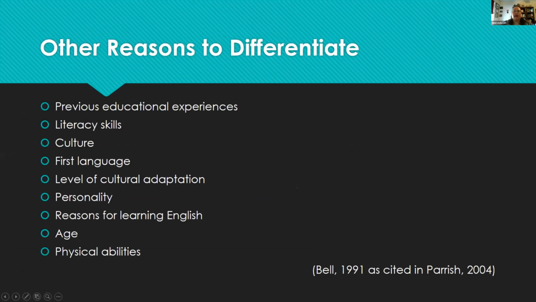Okay, so proficiency is one reason that we might have a multi-level class, but it's not the only reason. There are other reasons why students differ in the class and other things that we might need to consider in differentiation. So one is the student's previous level of experience in education. We know that some students might come to us, particularly if they are refugees, and they may not have ever been in a classroom before, or they have very limited experience in a classroom.